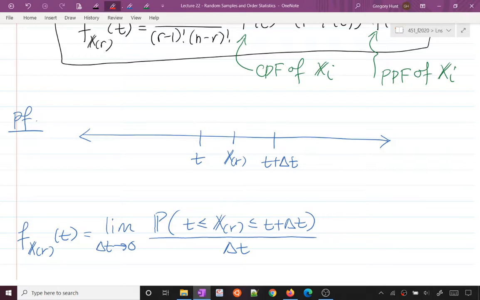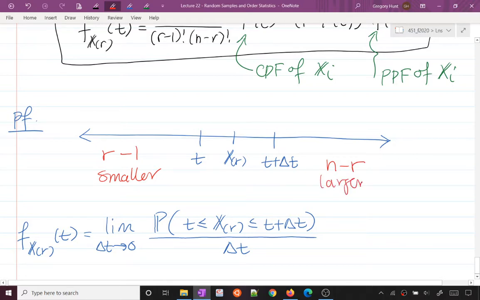So we want X_(r) to be in this interval t to t plus delta t, which means that the rth smallest is in this interval, and we're going to have r minus 1 smaller values below t, and n minus r values larger.